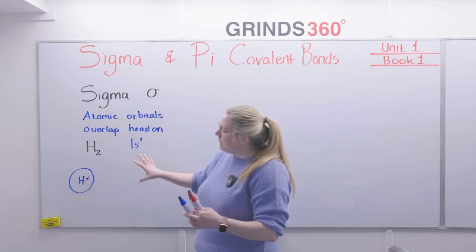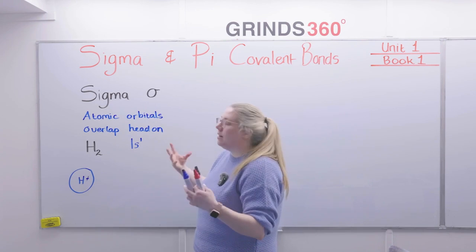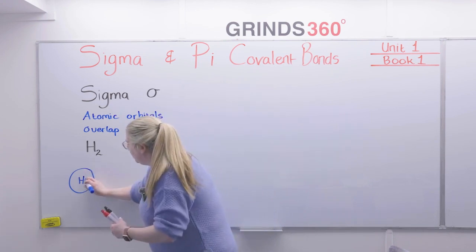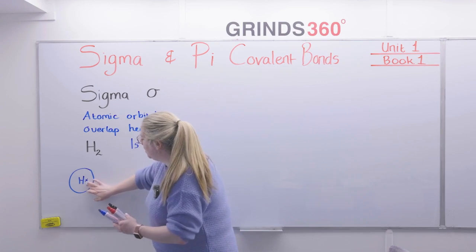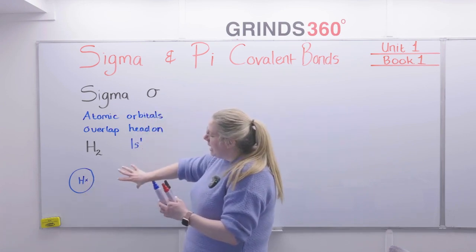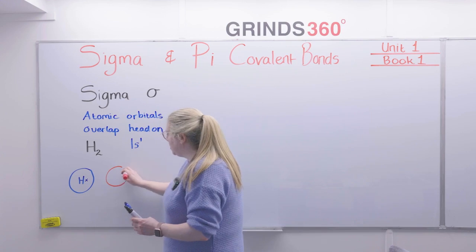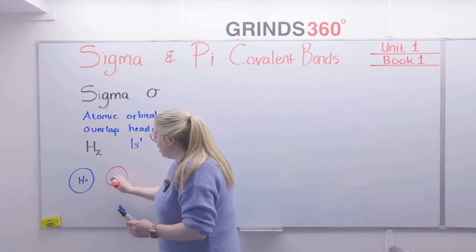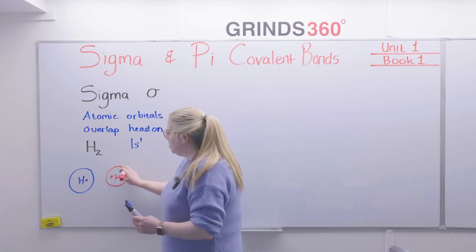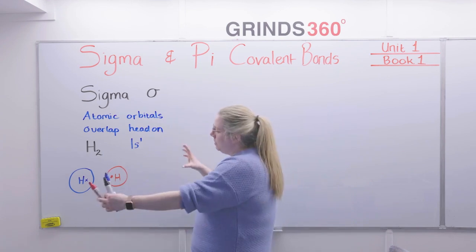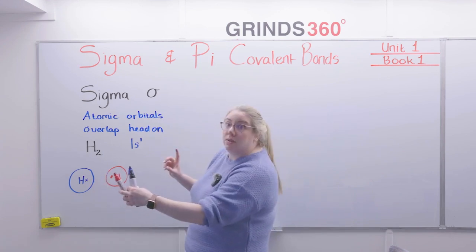Now, in order for that to form a bond with another atom of hydrogen, a second atom of hydrogen has to be close by. So I also have a second atom of hydrogen where its outer electron is moving around a 1s orbital like that.